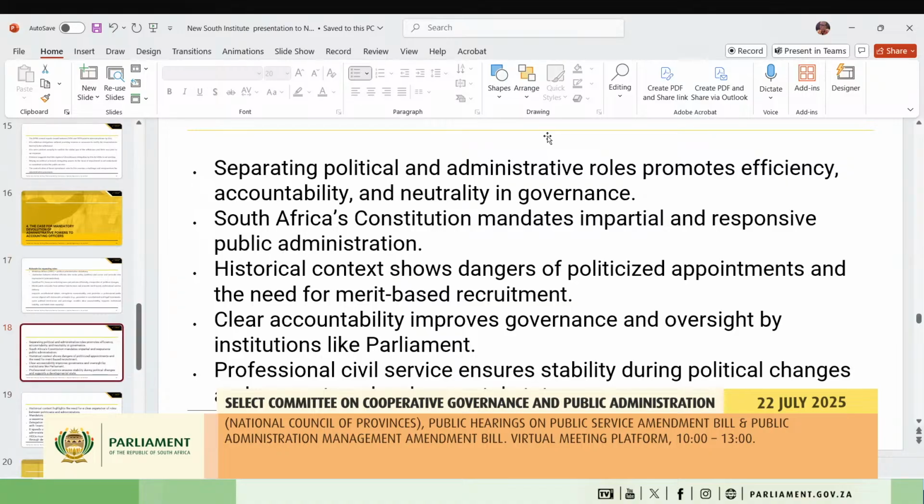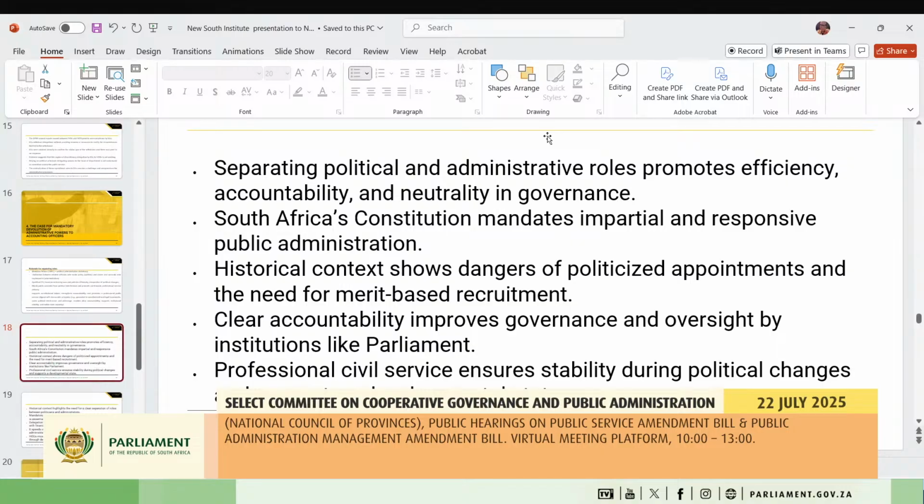Now, part of the key issues we're looking at is really separating political and administrative roles, because it promotes efficiency, accountability, and neutrality in governance. So when each one of the people in the system is able to stick to their role and perform in terms of their mandate and their roles and responsibilities, the accountability and neutrality in governance is promoted. Our constitution mandates impartial and responsive public administration.